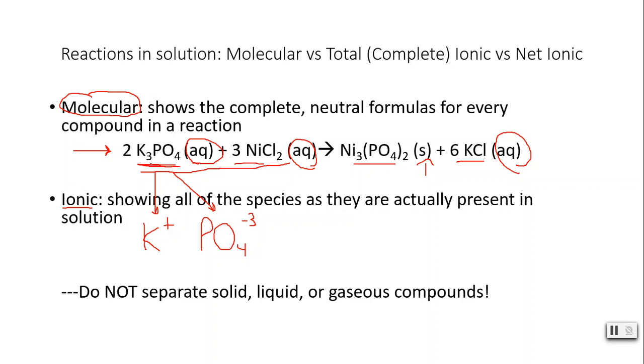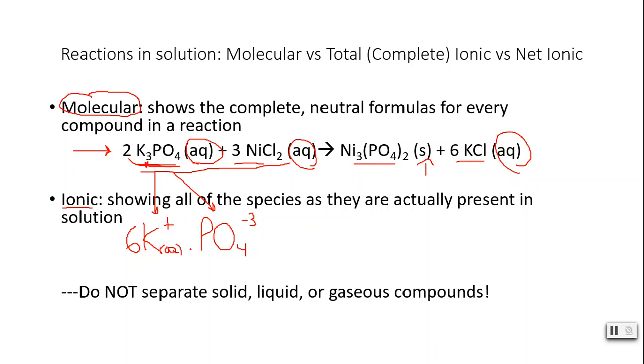If you remember when we balanced the chemical equation, we had 2 times 3 or 6 potassiums. So when I write my balanced ionic equation, I not only write the ion and the charge, but I have to put how many of that ion I have. Because of the 2 out front, and because of that subscript 3, I have 2 times 3 or 6 potassium ions that are aqueous.